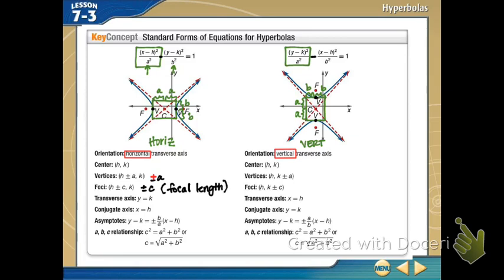The important thing to notice here is that the foci are always going to occur on the same axis as the vertices. So notice that this line right here that contains the vertices, that's the same line that contains the center and the foci. So this is the major axis. And then the opposite direction would be the minor axis or the conjugate axis.